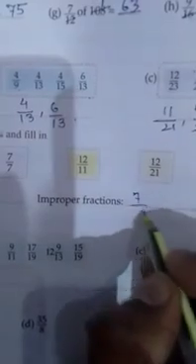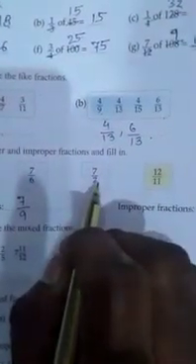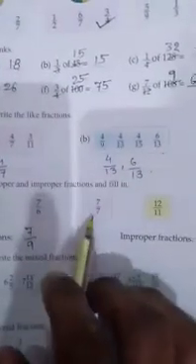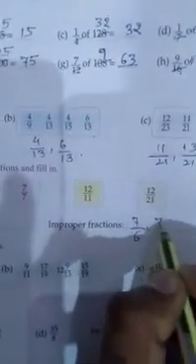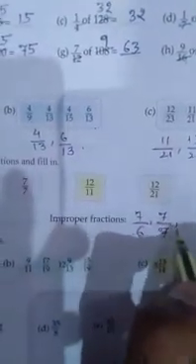So we will write in improper fraction 7 upon 6. Now after 7 upon 6, 7 upon 7. So this is also an improper fraction. So we will write 7 upon 7 in improper fraction.